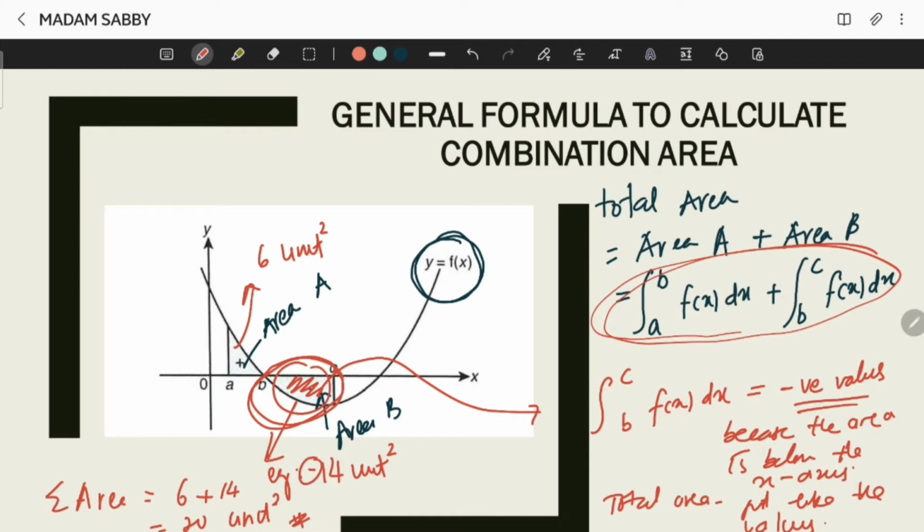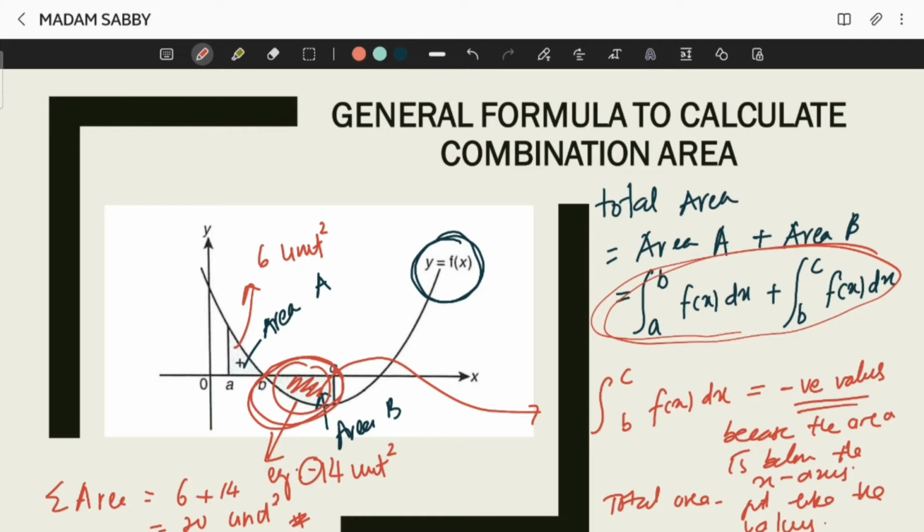The negative sign we ignore because it just shows the position of the shaded region, either above or below the axis. Whenever you are calculating area and the final answer is negative, it is actually referring to the shaded region being below the axis, either below the x-axis or below the y-axis. So leave your final answers in positive values.